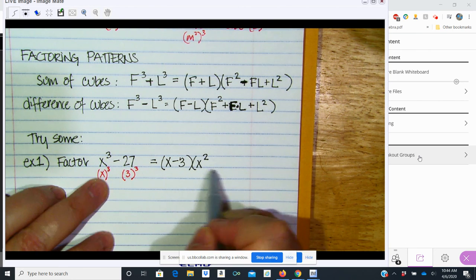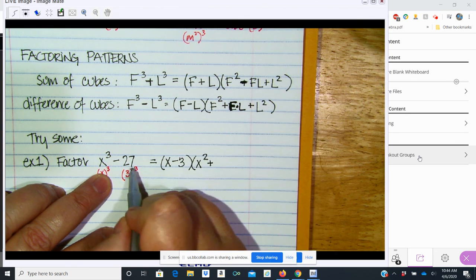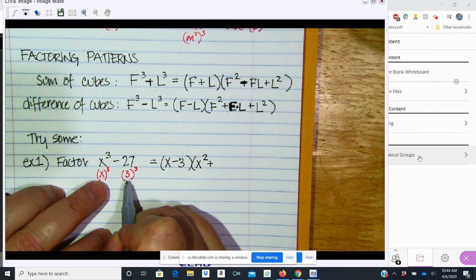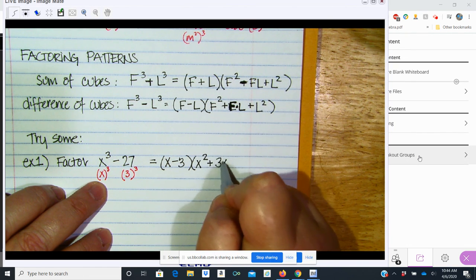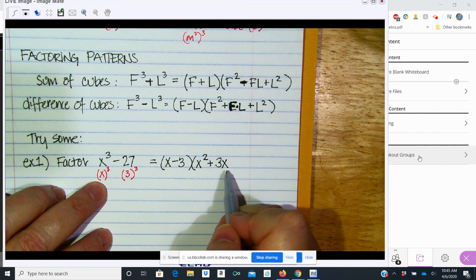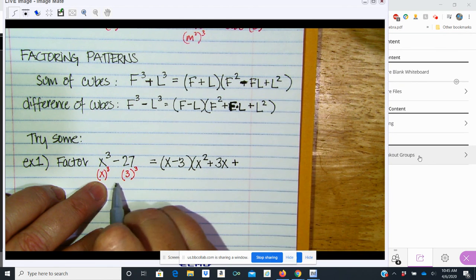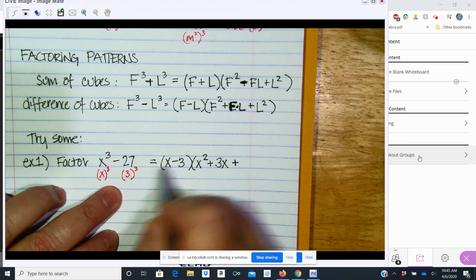The sign will be the opposite of what was there. Then we do the roots multiplied together. The last sign is always positive. And then we add the second root squared.